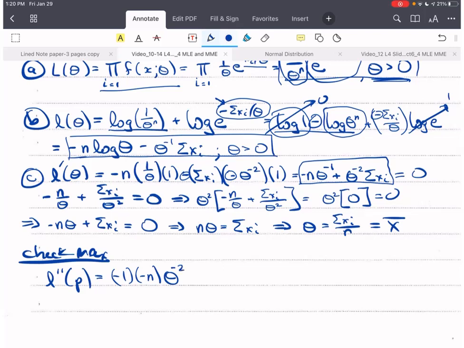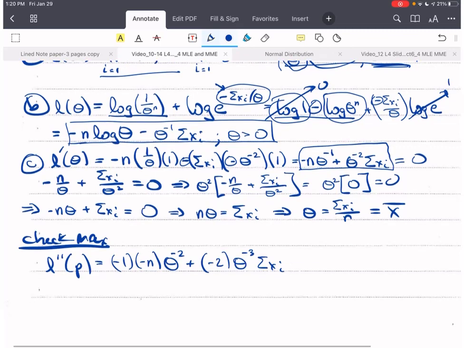And then I take plus, but I have a negative 2, theta to the negative 3, and then sum of xi is a constant. So I need to simplify. I've got two negatives in the first term. That becomes n theta to the negative 2 minus 2 theta to the negative 3, sum of xi.